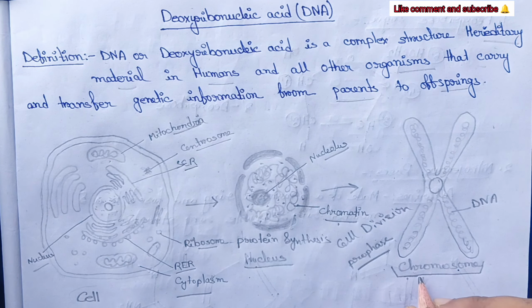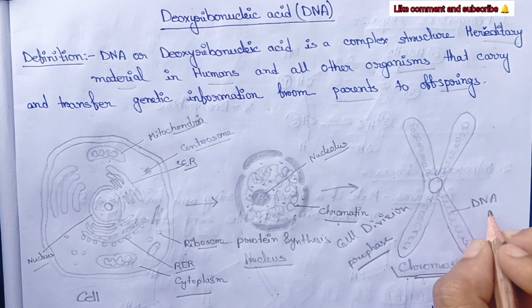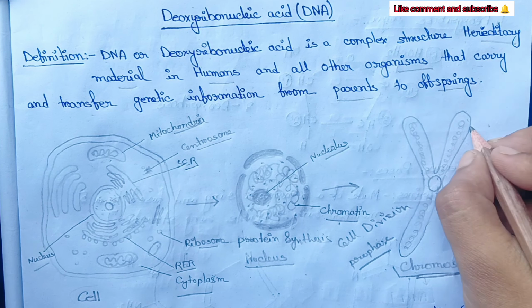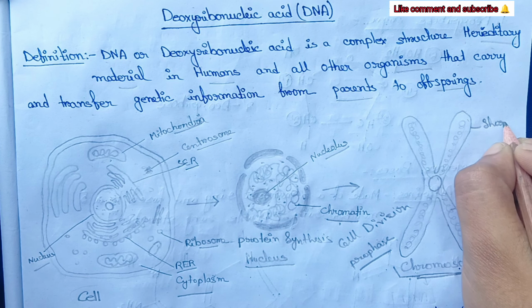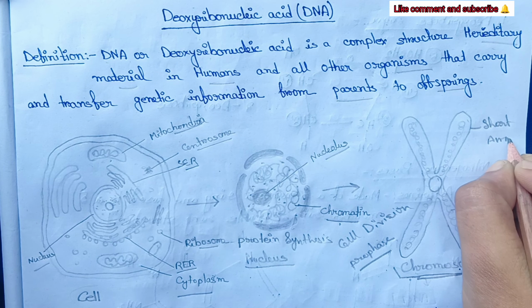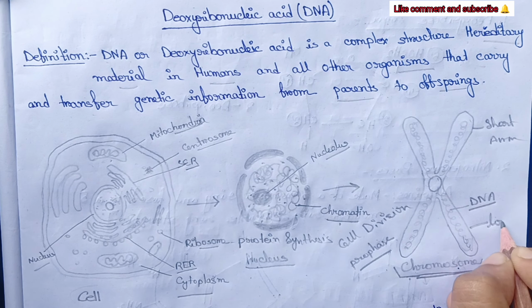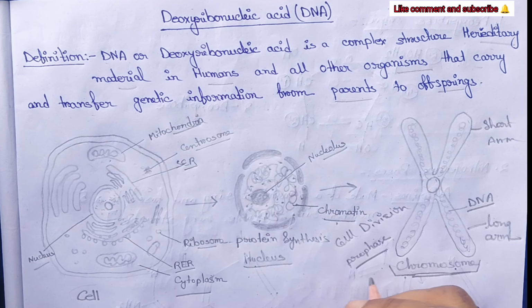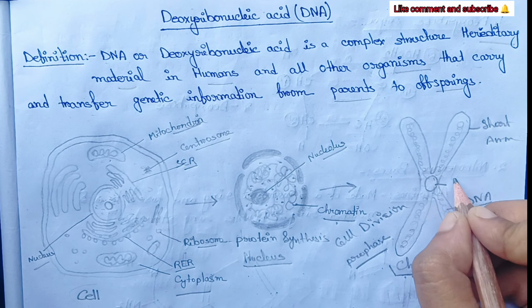The chromatin is converted to chromosome, and in the chromosome is all our DNA. This is the short arm, and this is the long arm, and in the middle it is called the centromere.